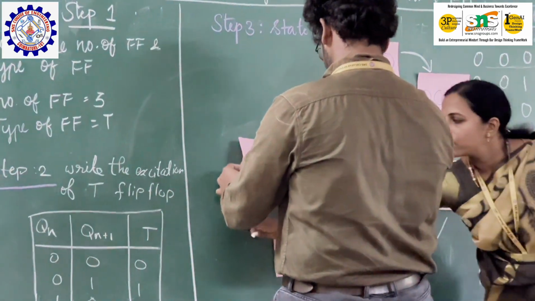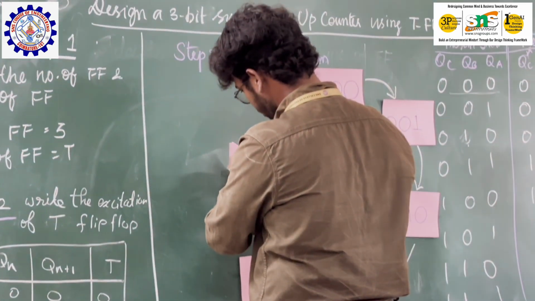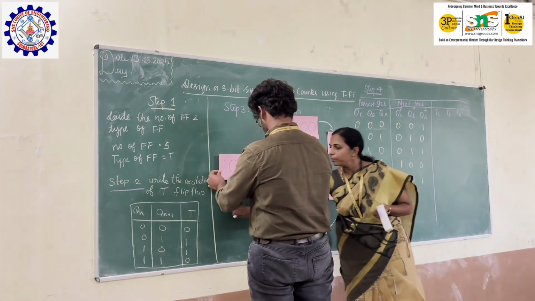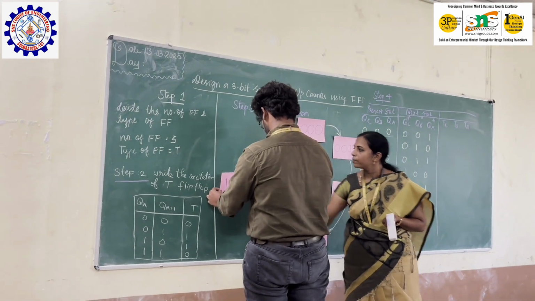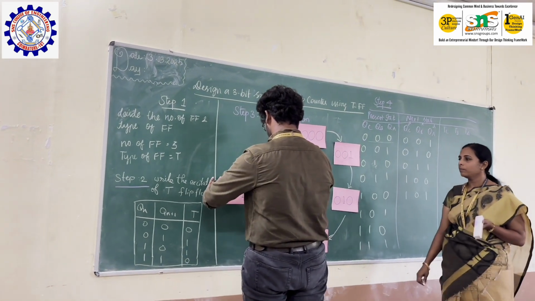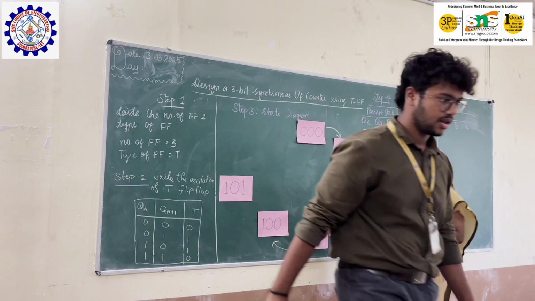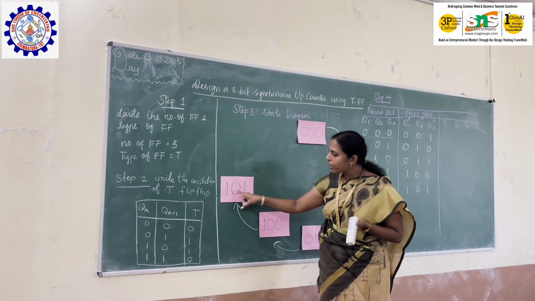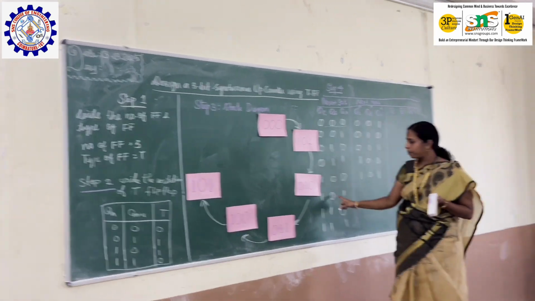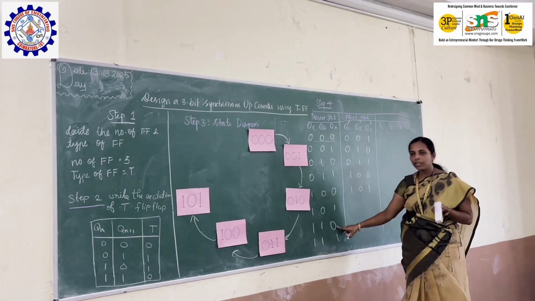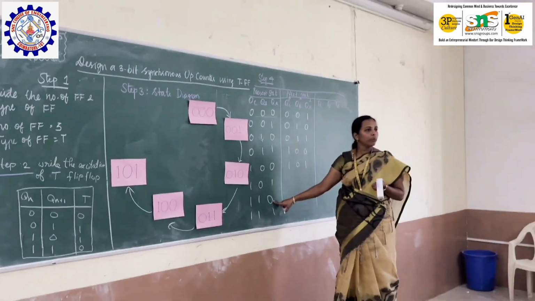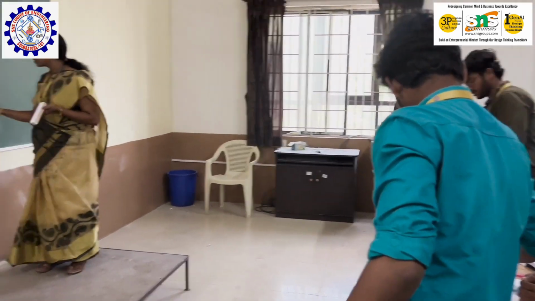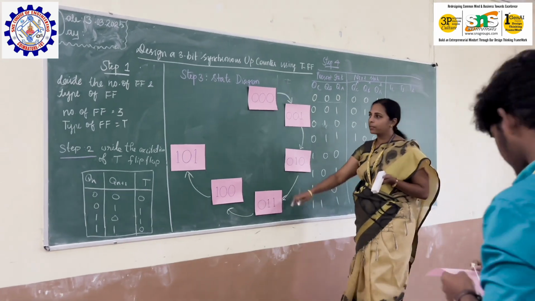Leave space for two more states. Now if 101 is the present state, the next state will be 110.